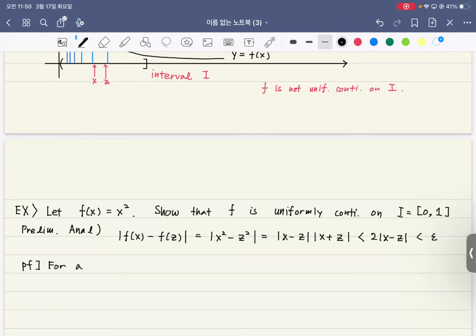For any epsilon, I let delta be epsilon over 2.